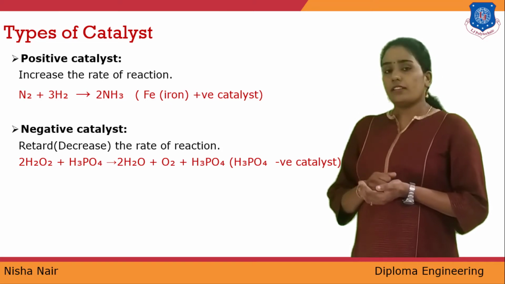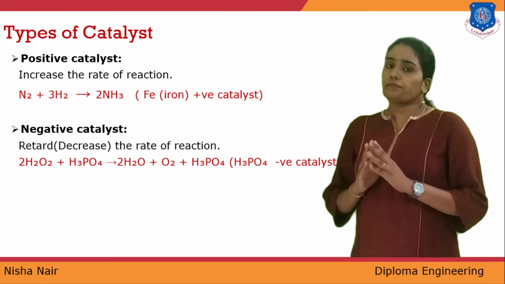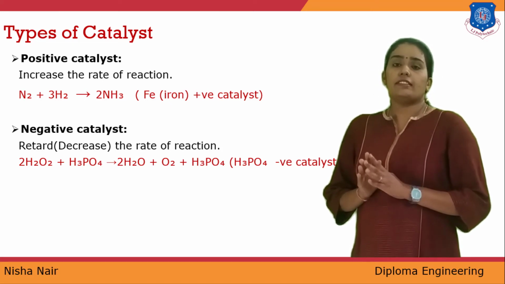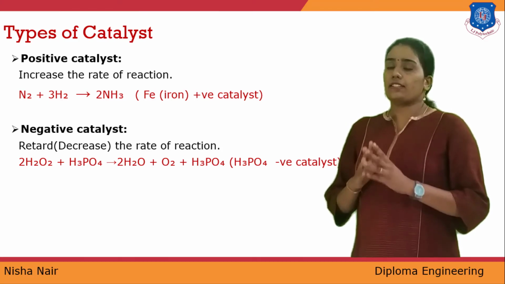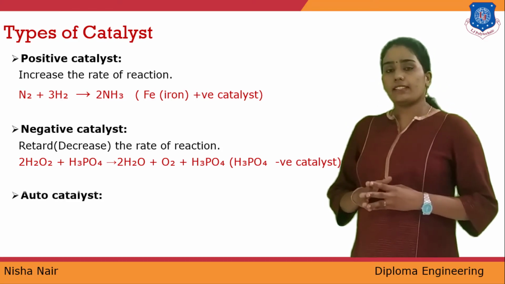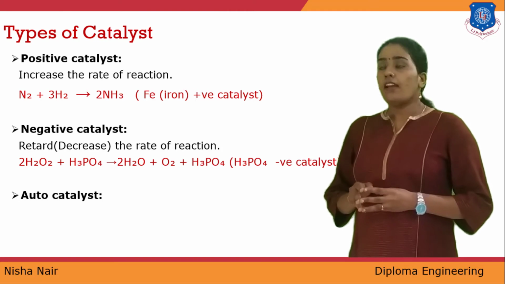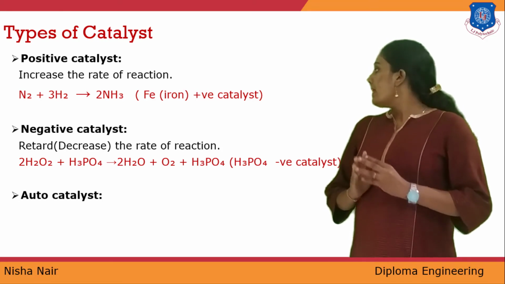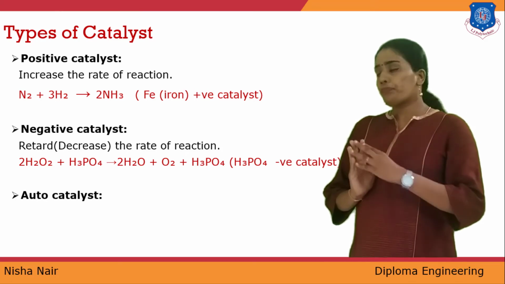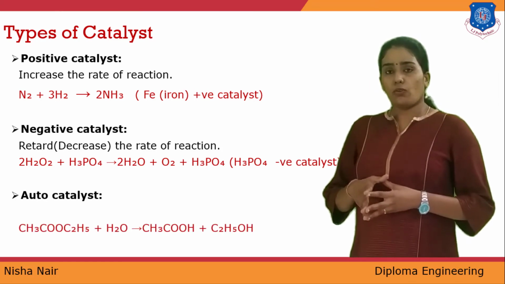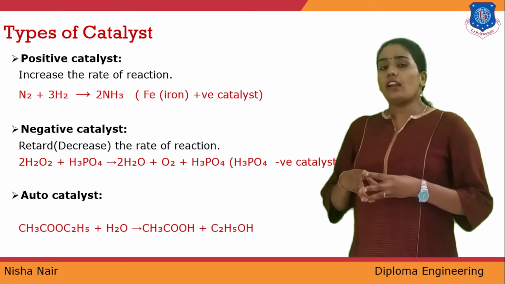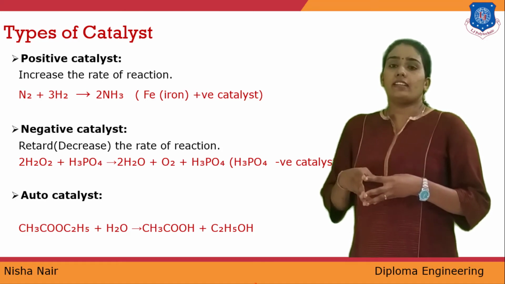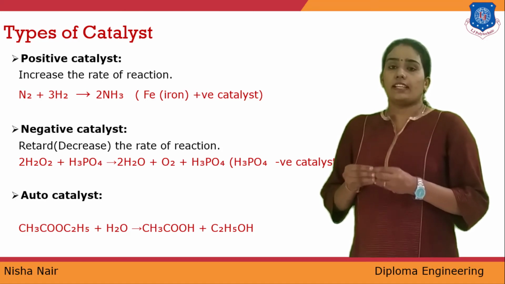Now third is autocatalyst. From the word itself it is clear. Suppose we take the example of ethyl acetate. If ethyl acetate is hydrolyzed in the presence of water, it will split into acetic acid and ethyl alcohol. Here the ethyl alcohol which is formed will act as an autocatalyst, or will act as a catalyst.